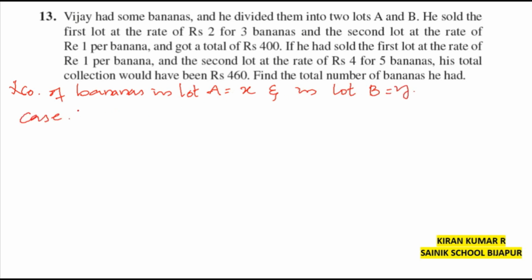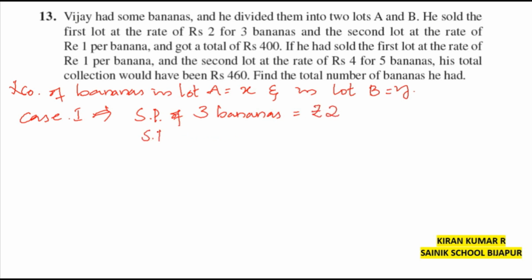According to the first case, it is mentioned that he sells at the rate of ₹2 for 3 bananas. They have given the selling price of 3 bananas as ₹2.